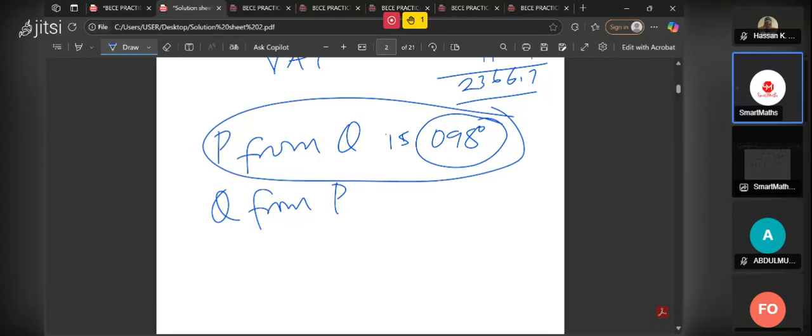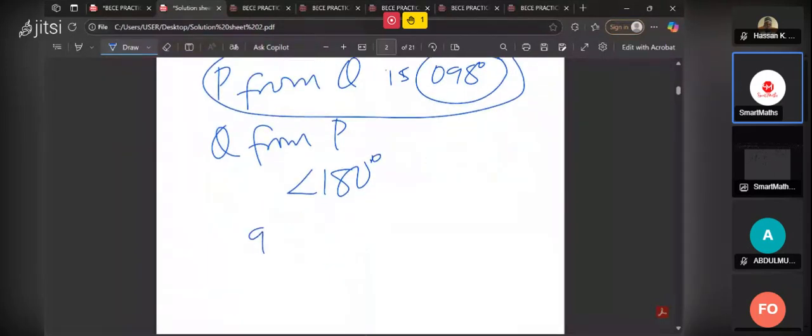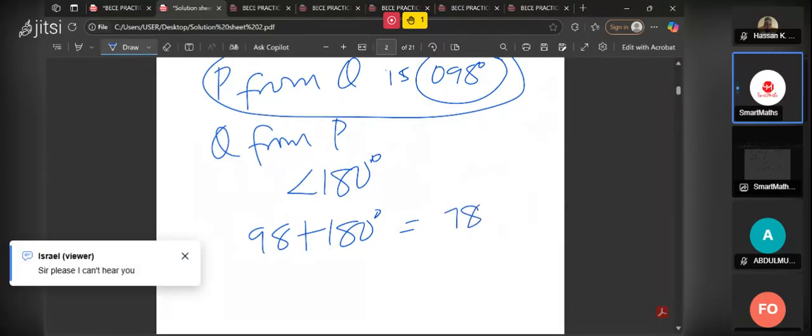And that is 98, and this 98 is less than 180. Anytime it is less than 180, don't stress yourself, just add 180 to it. That is 98 plus 180 degrees, which is 278 degrees.